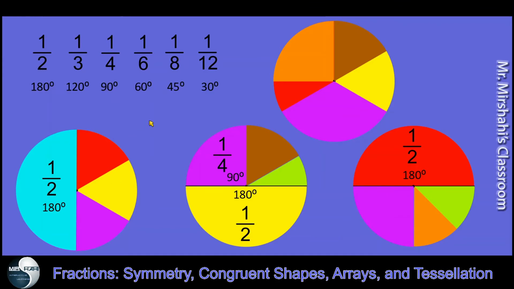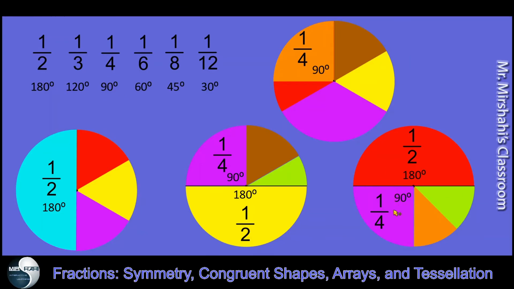And here, do I have any more quarters? Yeah, I have one here. So that's 90 degrees. And I have one more here. And that's 90 degrees. Right there. Okay. The rest is a little bit harder, but not really.